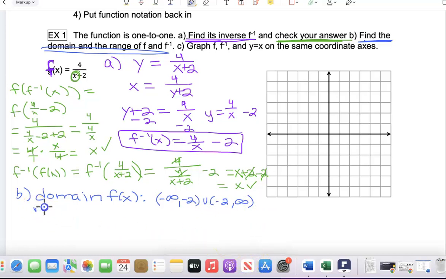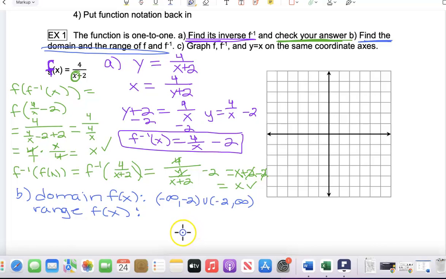The range of f of x means what can the y values equal. So this is a rational function, and we've learned things about rational functions and horizontal asymptotes and all of that.